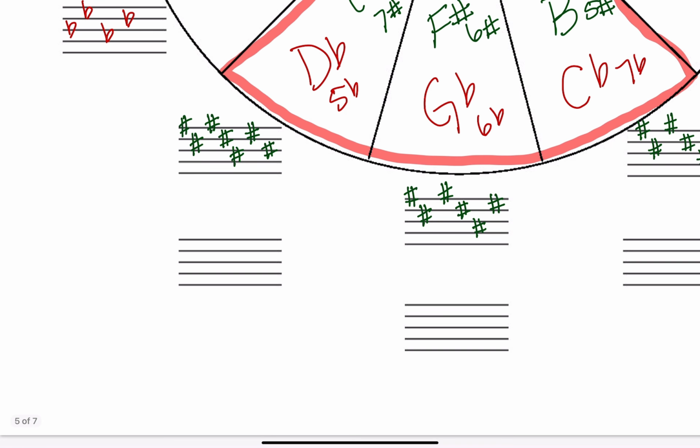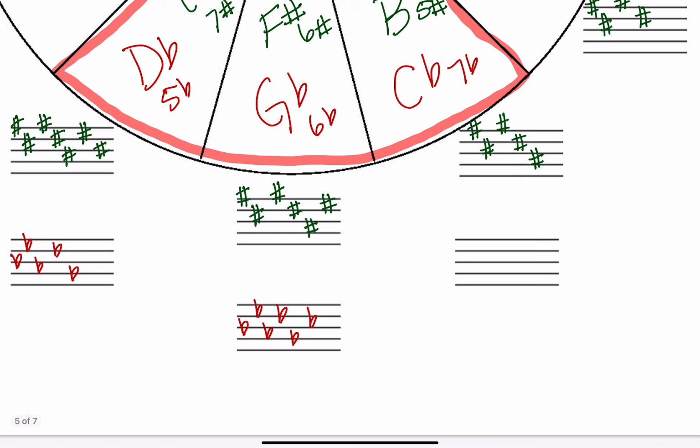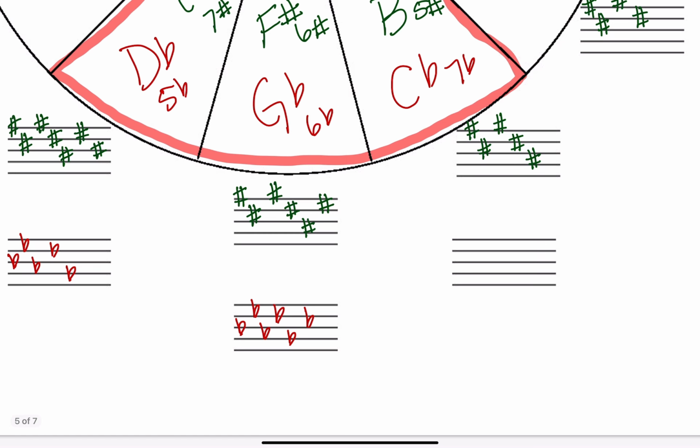D flat has 5 flats. Big elephants and donkeys go. G flat has 6 flats. Big elephants and donkeys go canoeing. And C flat has all 7 flats. Big elephants and donkeys go canoeing Fridays.